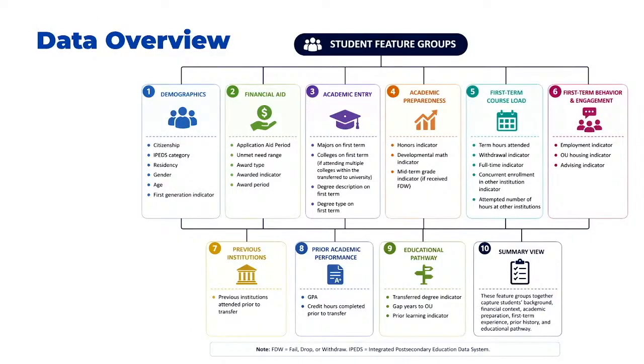These are the major types of features that I used, or that I had access to their raw data. Within each group, the variables in that group are listed, ranging from demographic, financial, academic entry, academic preparedness, first-term course load, previous institution, prior academic performance, and educational pathway.